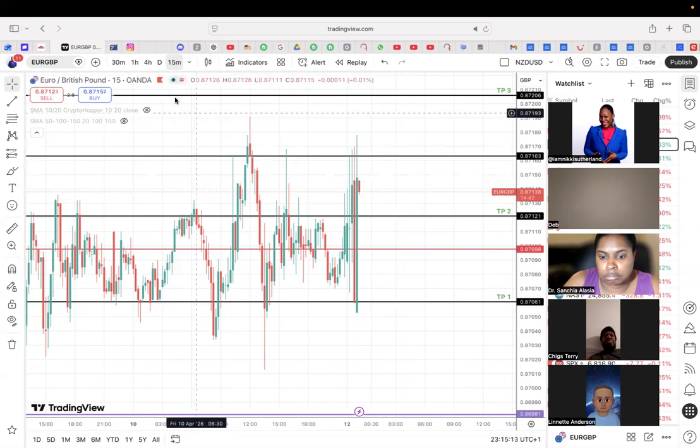Now here we've got the screen up, euro to the Great British pound. That means we are exchanging the euro for the pound. Now our job is to decide, is the euro getting stronger in this moment or is the Great British pound getting stronger in this moment? Depending on the direction that we believe is stronger will depend if we do a buy or a sell.